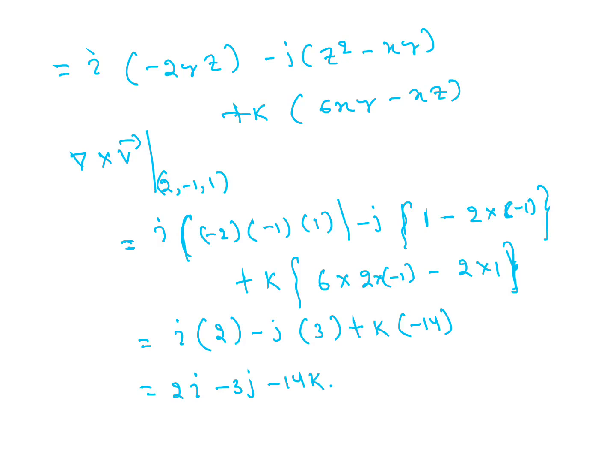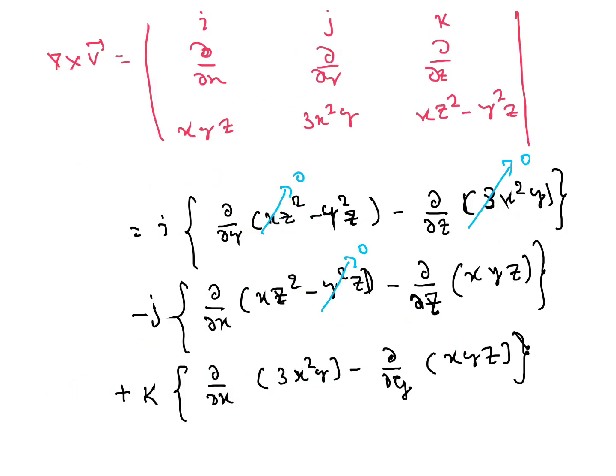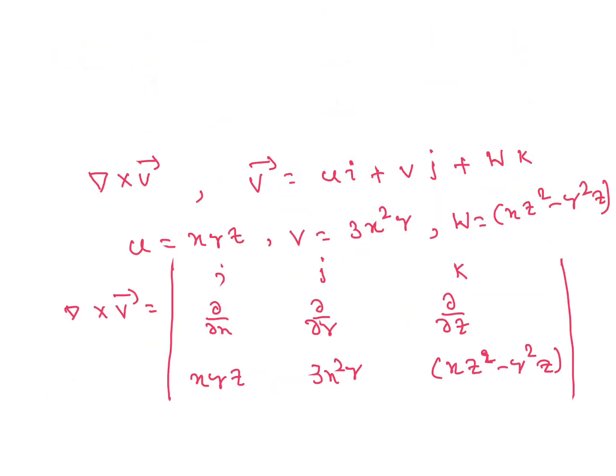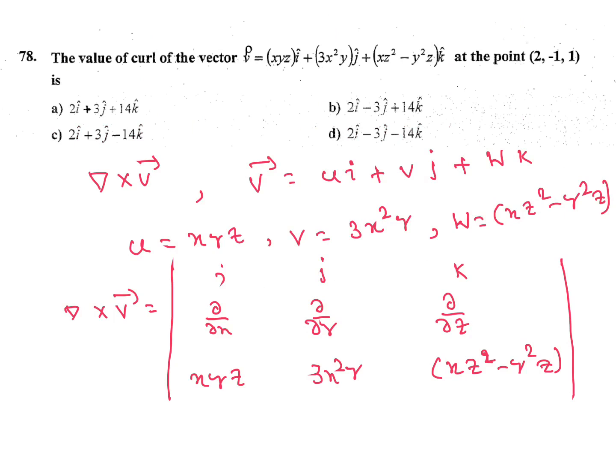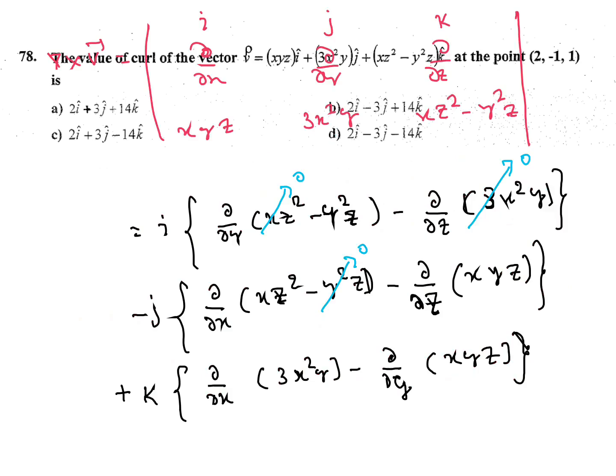So del cross V at point 2, minus 1, 1 is 2i minus 3j minus 14k. So from the options we have to check: 2i minus 3j minus 14k. D is our answer. This is 14k.